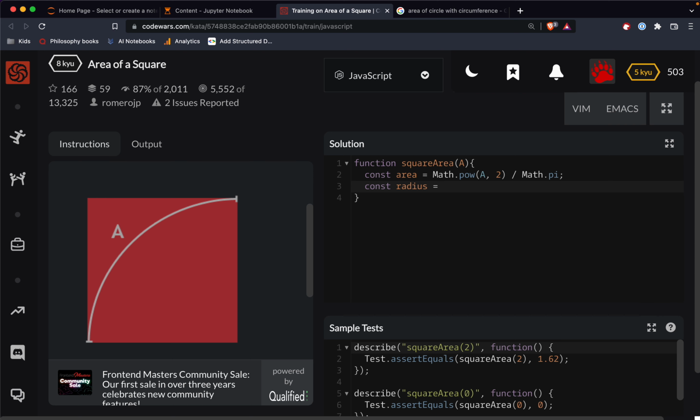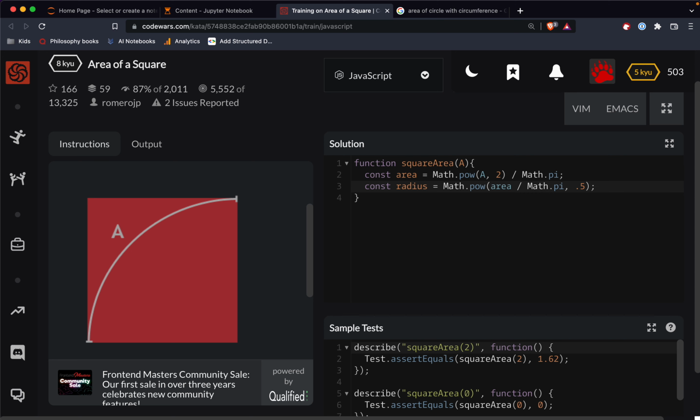so you have pi r squared, you've got the area, you need to get r, so you've got to take the area divided by math.pi, and then you need to take the square root of that, so we'll do math.pow, all of that to the 1/2 power. It's the same as the square root.